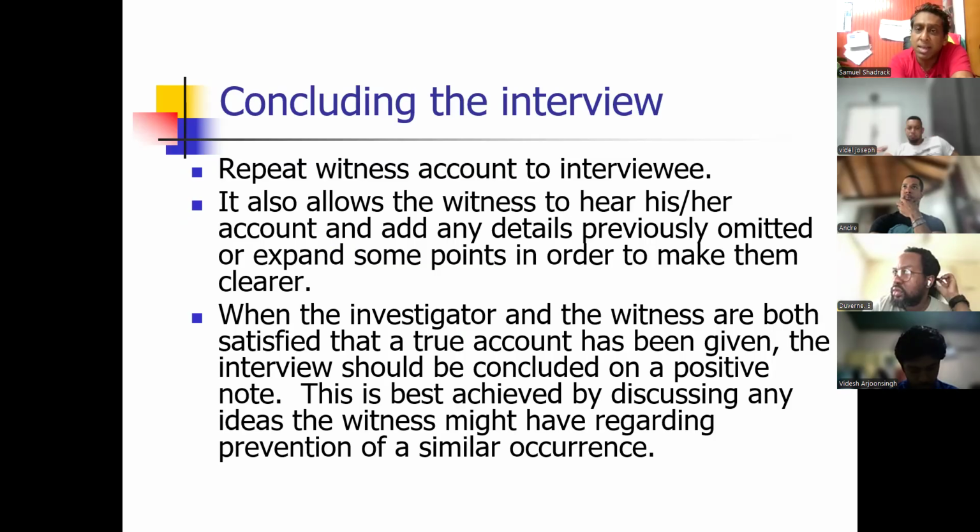It allows the witness to hear his or her account and add any details previously omitted or expand some points in order to make them clearer. When the investigator and the witness are both satisfied that a true account has been given, the interview should be concluded on a positive note. This is best achieved by discussing any ideas a witness might have regarding prevention of a similar occurrence.